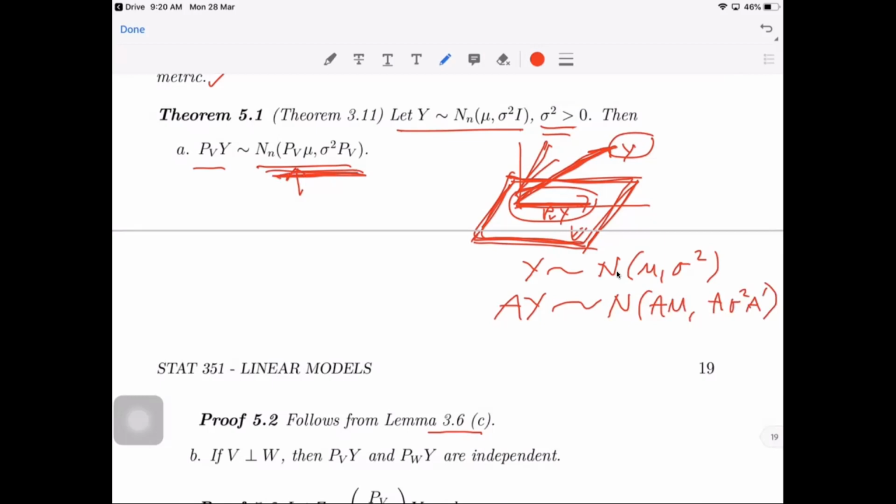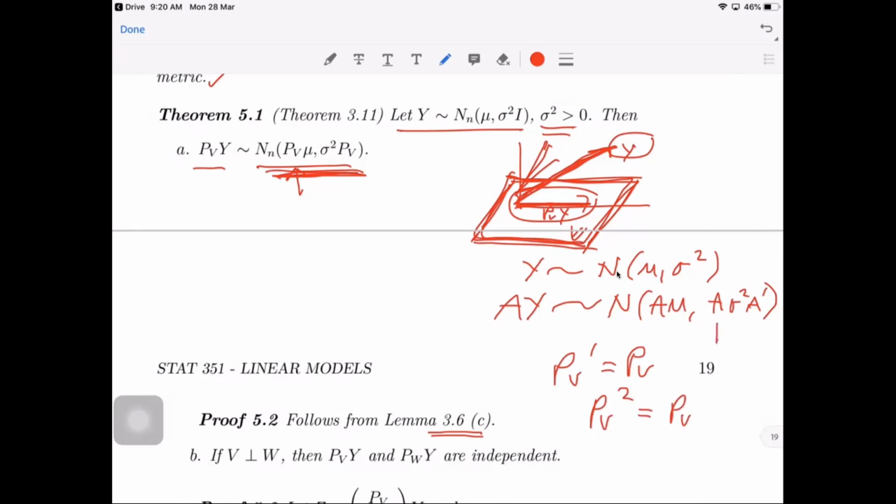The proof follows from 3.6C, and following that, the projection PV transpose is just equal to PV, and the square of PV is also equal to PV. So it follows.